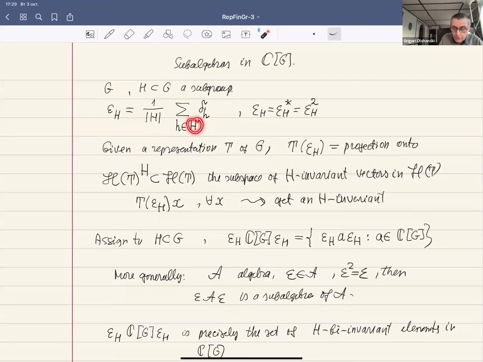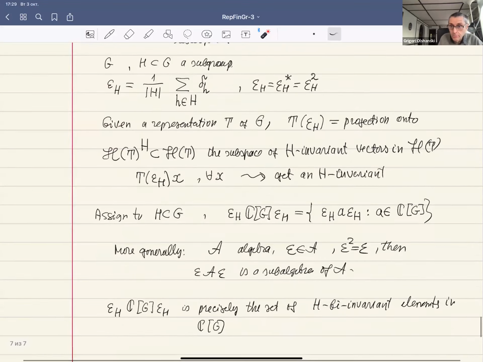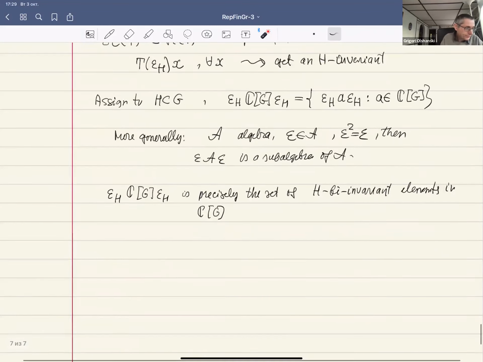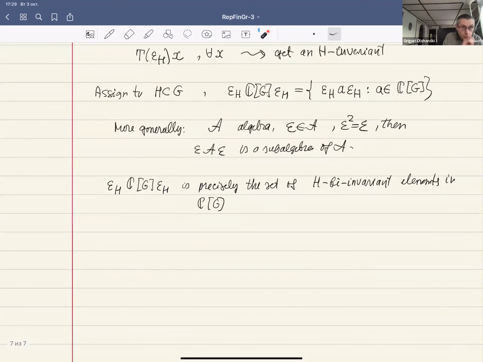If we multiply on the left by this element, we get a left invariant one. If you do this on the left and on the right, then you get a bi-invariant element. And this is a subalgebra. Now one has the following definition.